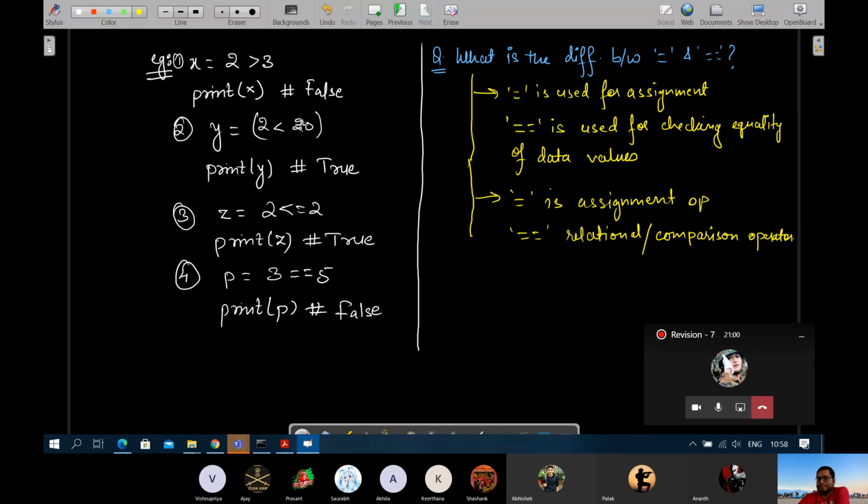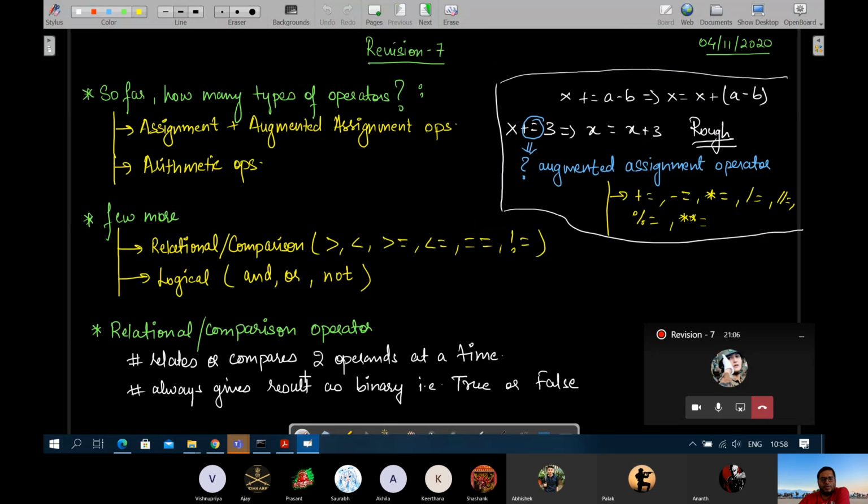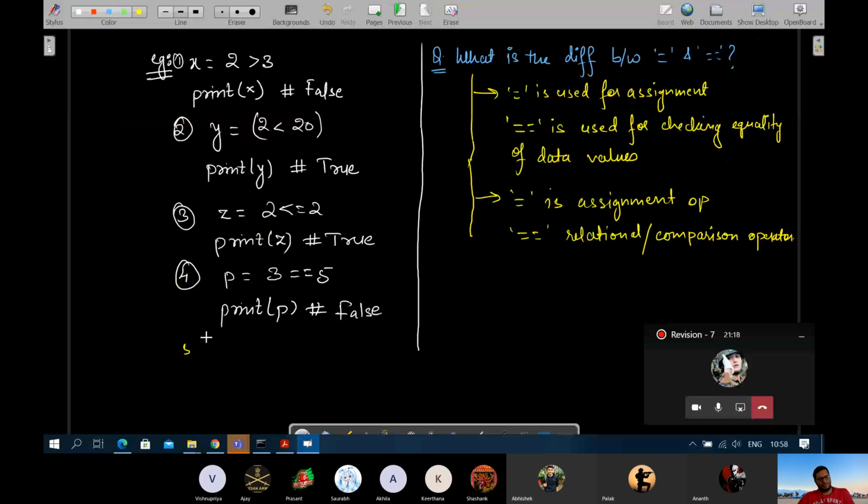Okay, so I hope इसमें कोई तुम लोगों को you don't have any problem. What are relational operators? And then we'll see what is not equals to. Just जो हम लोग ये लिखते हो ना मैथ्स में, that is not equal to. Okay, so चलो एक लिख देता हूँ मैं.